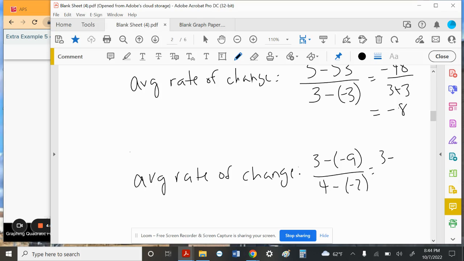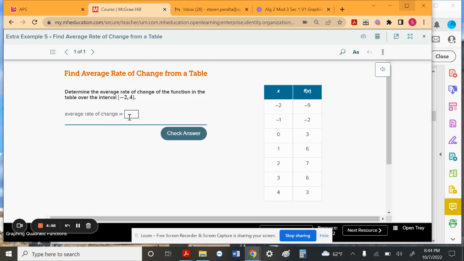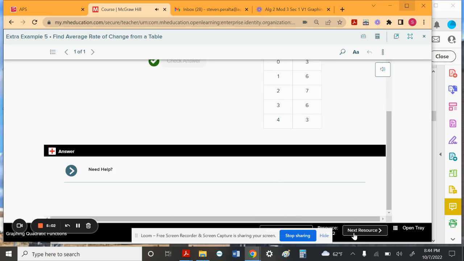So that is 3 plus 9 over 4 plus 2. That is 12 over 6, which is 2. So in this case, my average rate of change would be 2. Okay, that's what we do for that one. Table's pretty straightforward. Graph is actually pretty easy too.